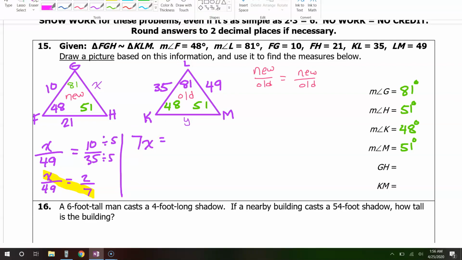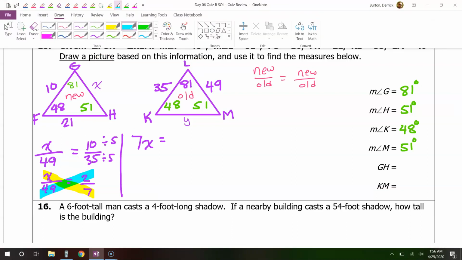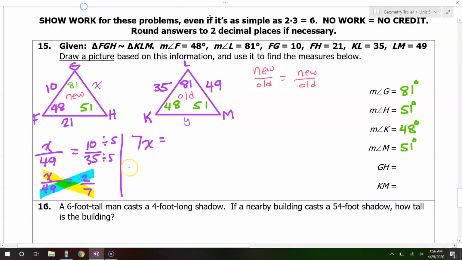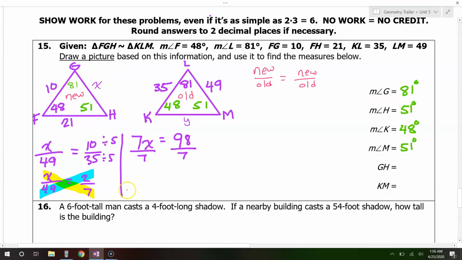And if I do the other diagonal, that's going to give me 98. So 7x is equal to 98. And then I need to just divide both sides by 7. Okay, and we wind up with x is equal to 14. So that was GH that we just found.